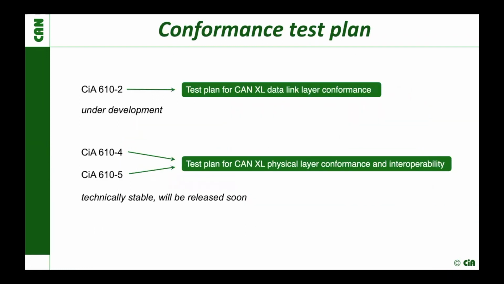Then in the 610 series, there are also conformance test plans specified. The 610-2 is the test plan for the data link layer, and the 610-4 and -5 are the test plans for the physical layer, for the transceiver.